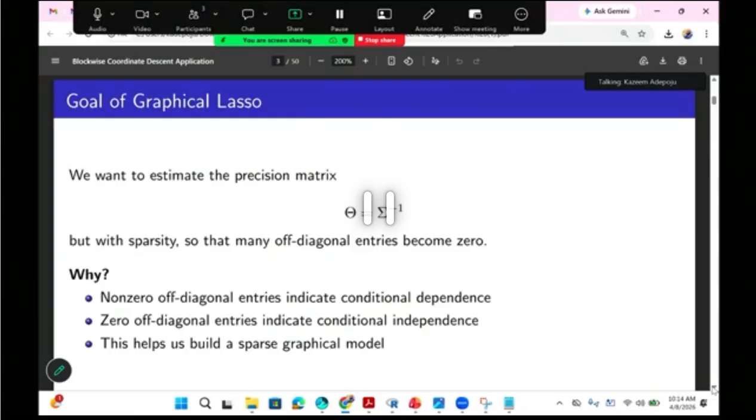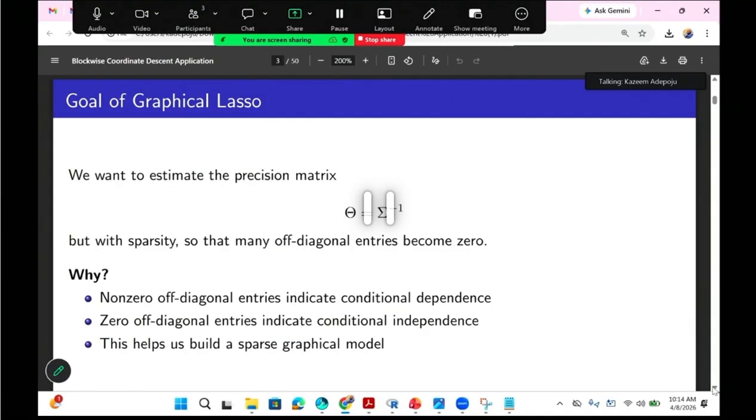What we need to do is find the inverse, provided the covariance is stable. If the covariance is stable, you'll be able to get your precision matrix, and it's going to be great. But if it is unstable, then you cannot just find the inverse. In fact, the inverse may not even exist.